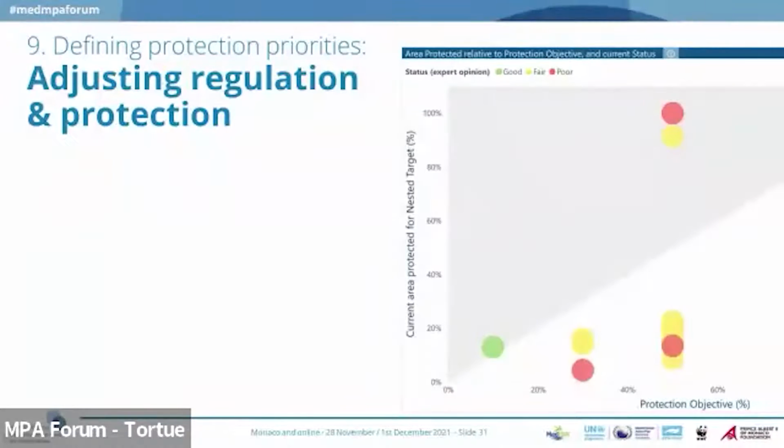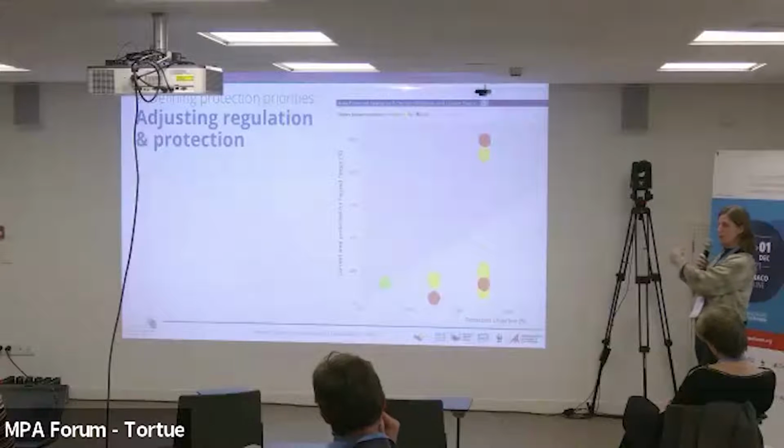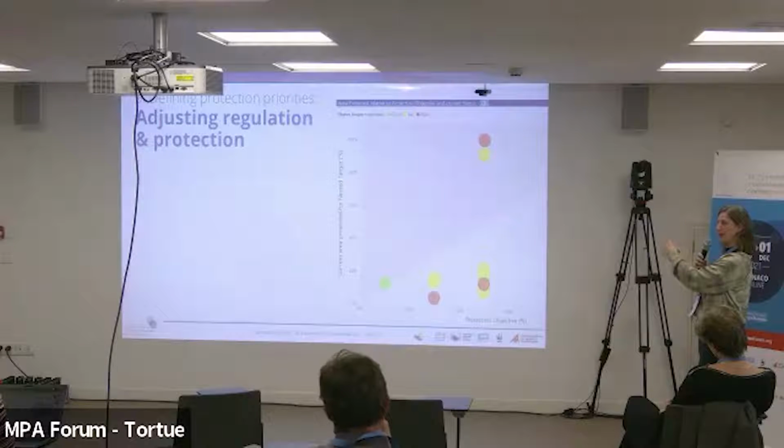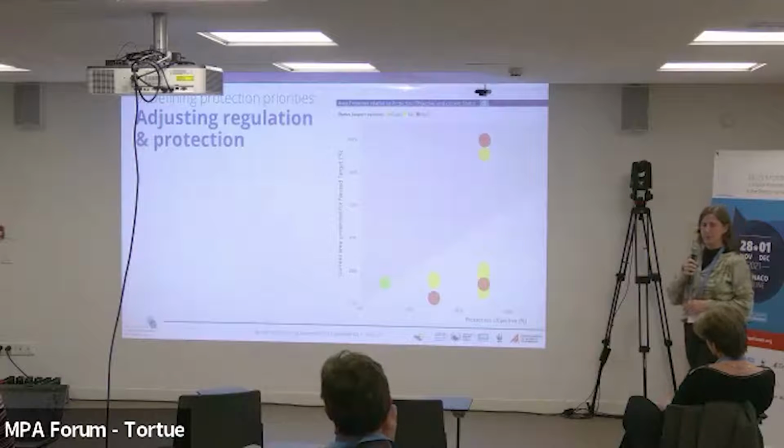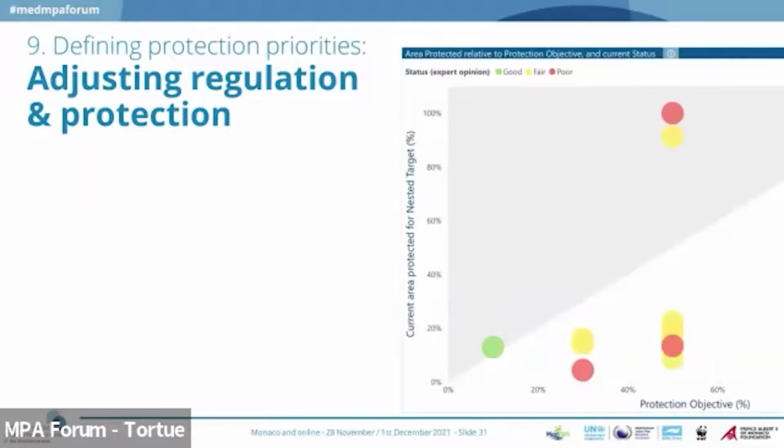So you have a number of nested targets below that line. And if they're in fair or poor status, we'll see, well, we need to really work hard on getting more of that under protection so that we reach the protection objective, and that might help them get into a better conservation status.